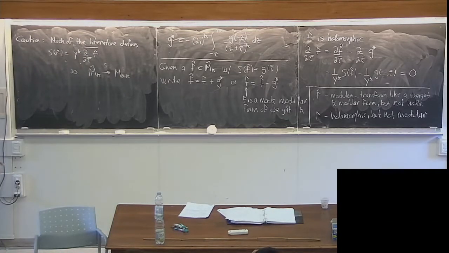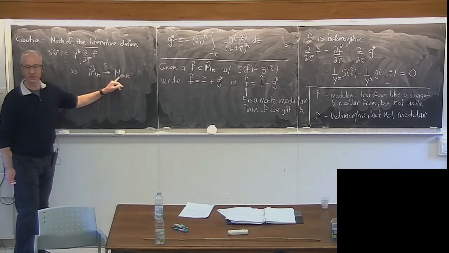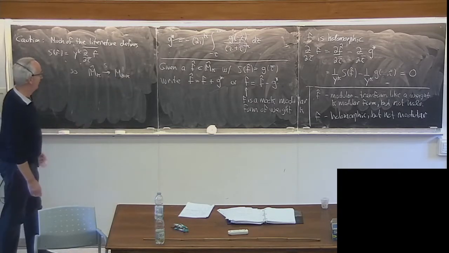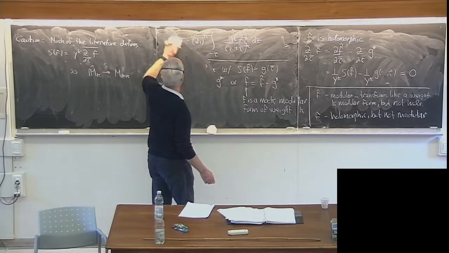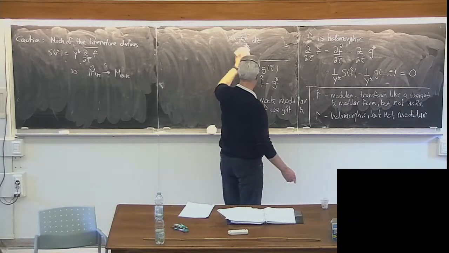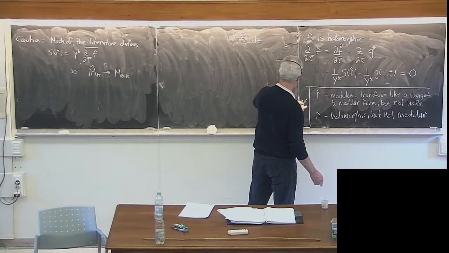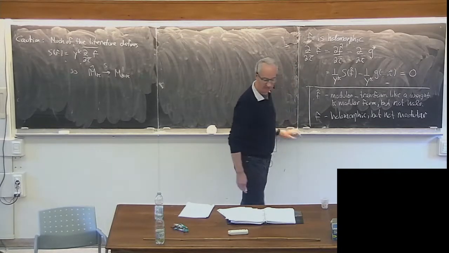And this definition makes certain formulas more complicated, and I think the only reason that people do that is because they're so used to dealing with holomorphic modular forms that they don't really like to write down formulas involving anti-holomorphic modular forms. But I think that's kind of a weird bias. So anyway, if you try to compare what I've done to things in the literature, you should be aware that I am using a slightly non-standard definition of the shadow map, which I thought made things slightly less complicated.